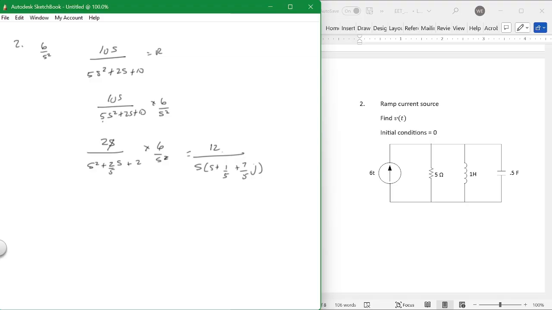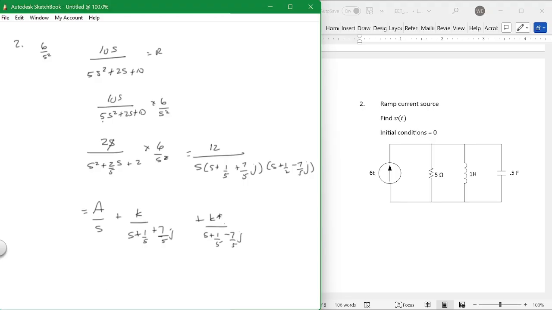So anyway, it's going to be that times s plus 1/5 minus 7/5 j, okay? All right? So this is equal to A over s plus K over s plus 1/5 plus 7/5 j plus K star over s plus 1/5 minus 7/5 j.